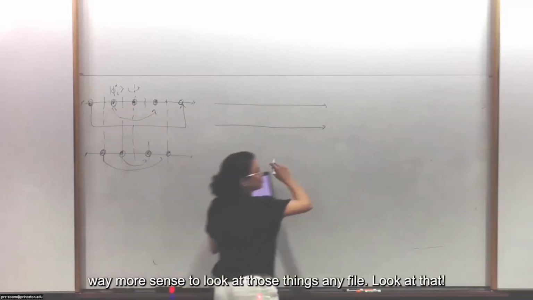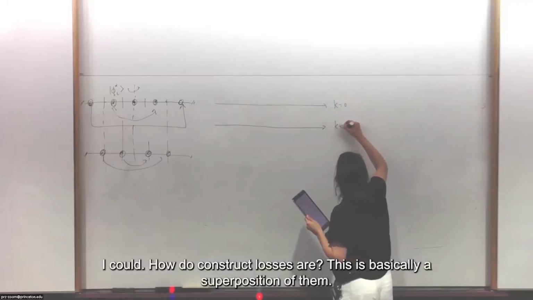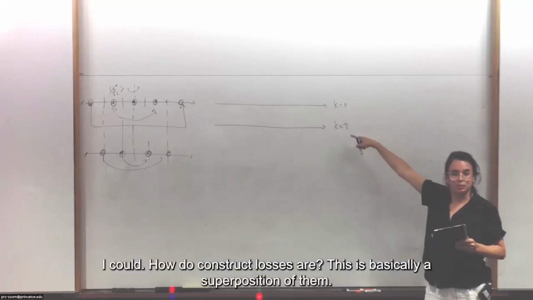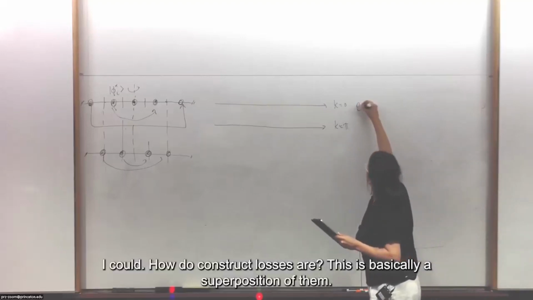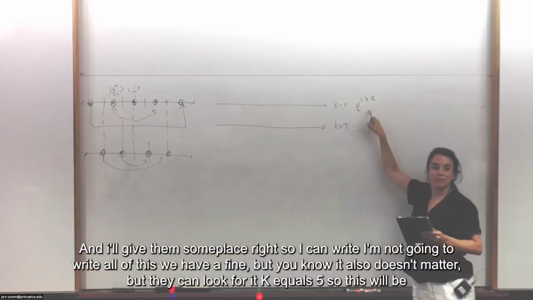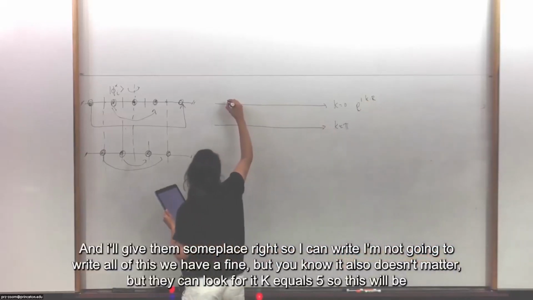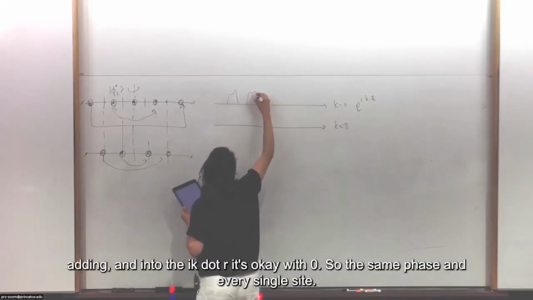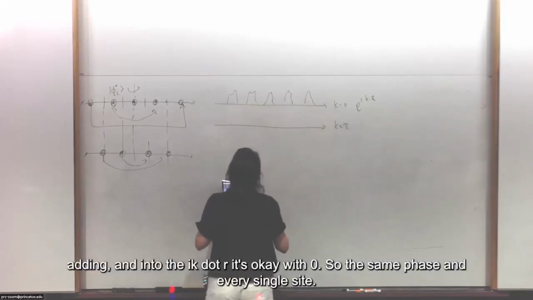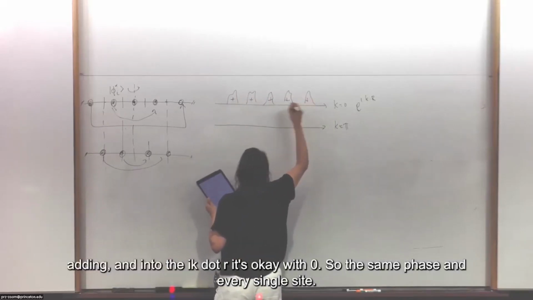I'm not going to write all of the states because we have finite time, but it also doesn't matter. I can look at k equals 0 and k equals pi. This will be adding an e to the i k dot r, so for k equals 0, the same phase at every single site. Whatever my wave eigenfunction is, it repeats periodically, and I will have the same phase everywhere.